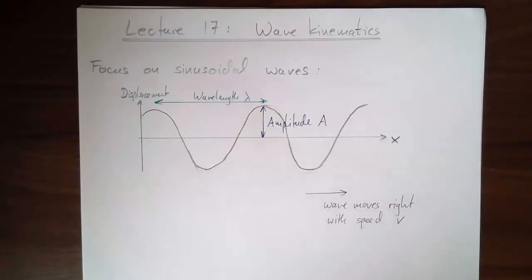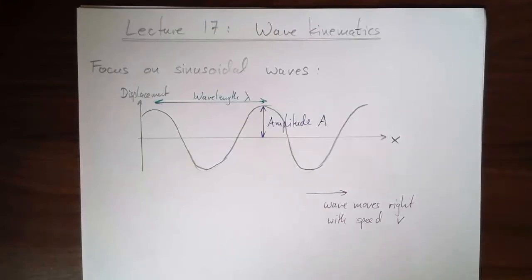Welcome to lecture 17, in which I'm going to talk about wave kinematics, which means I'll be talking about the basic quantities that we use to describe a particular wave. We'll be focusing entirely on sinusoidal waves, waves that look like a sine or cosine function.